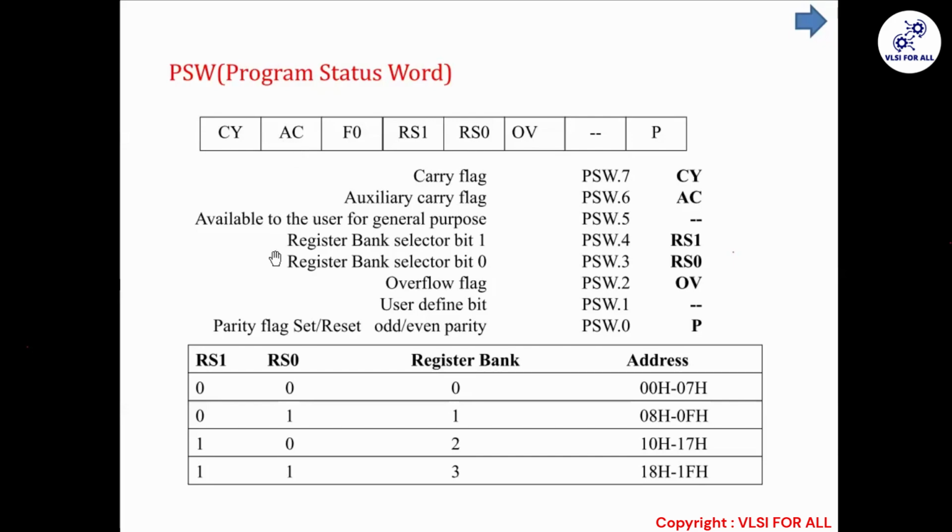Auxiliary carry is, for example, try to understand that in accumulator A, the value is 1, 0, 0, 0. You can write it on your pad also or on your notebook if you are doing it. So in the accumulator, starting from MSB, it is 1, 0, 0, 0, and then 1, 1, 0, 0.